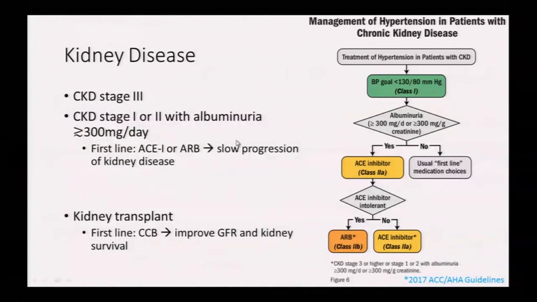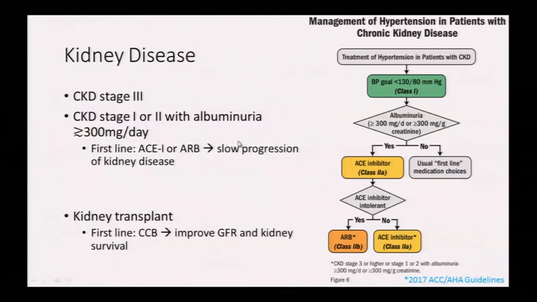of kidney disease. Now, if we get them on ACE inhibitor right here, and they become intolerant to it because they have cough or some other problems, then we can switch to ARB. Otherwise, if they don't have any issues, then keep them on ACE inhibitor. Now, if they don't have any albuminuria, then you can use any first-line agent you want, any one of the 4 primary agents.